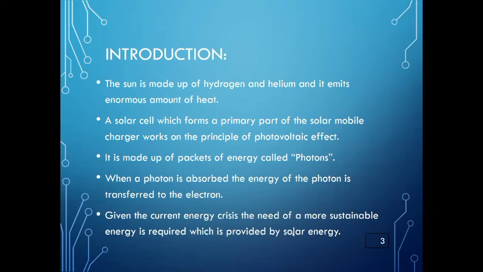of solar energy. The sun is made up of hydrogen and helium, and it emits an enormous amount of heat. A solar cell, which forms a primary part of the solar mobile charger, works on the principle of the photovoltaic effect. Light is made up of packets of energy called photons.